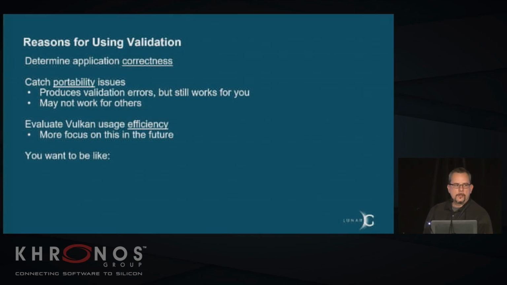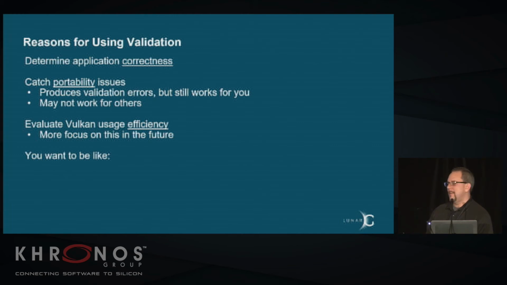So why should you use validation layers? Obviously to test correctness, but also because it'll help you with portability. I don't know how many of you have done OpenGL development on a desktop, but sometimes you'll render an application, it'll work correctly on one vendor, and something will be wrong on the next vendor.